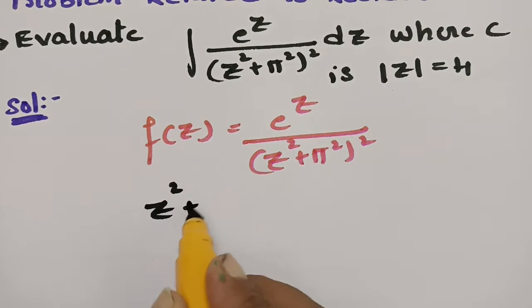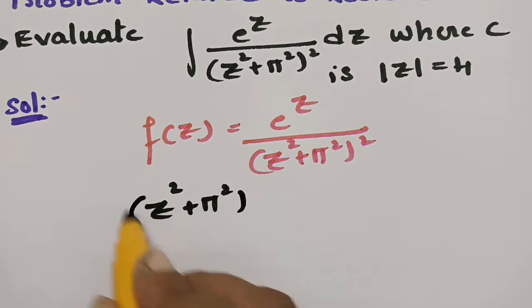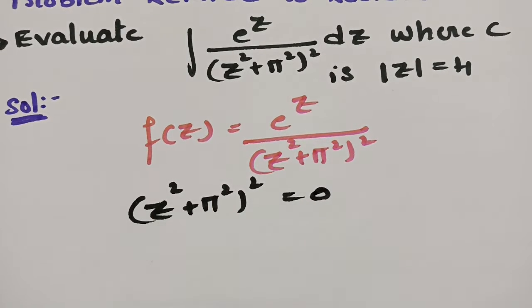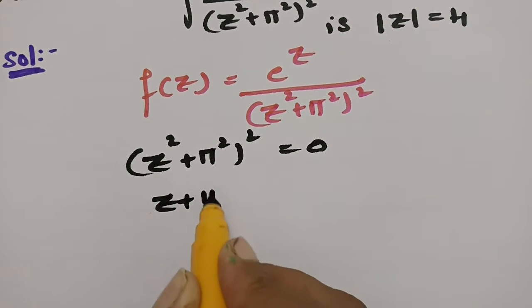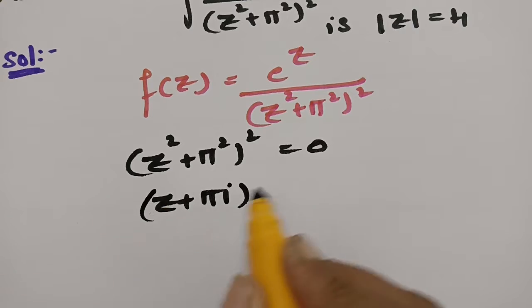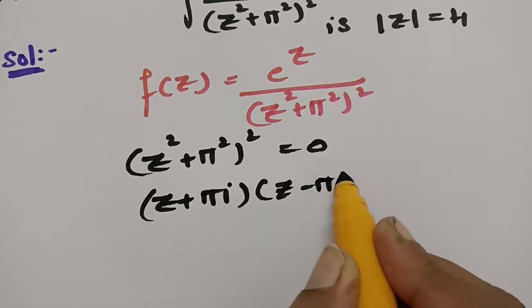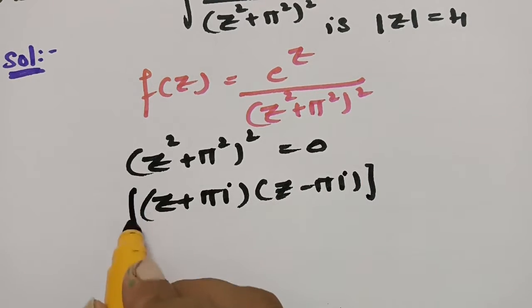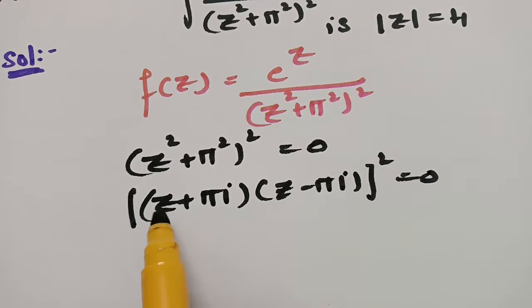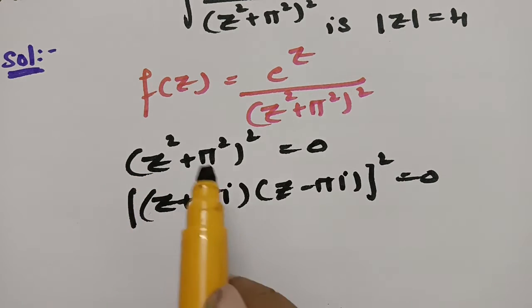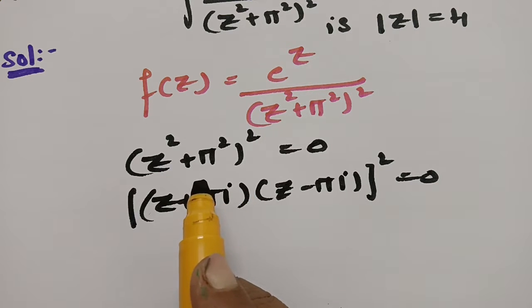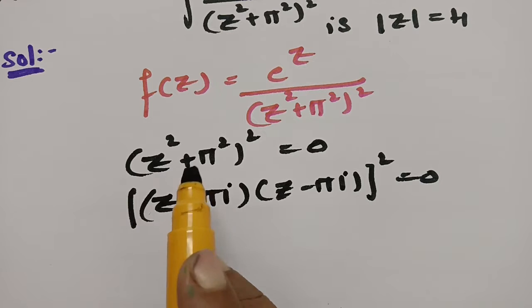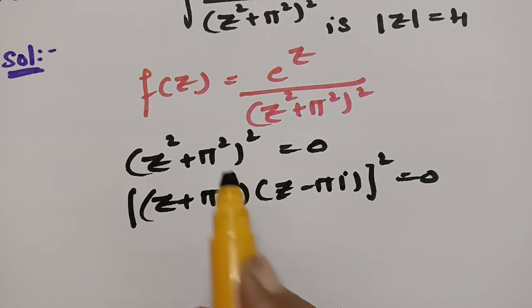That is, (z square plus pi square) whole square, we have to equate it to 0. This can be written as (z plus pi i) into (z minus pi i) whole square. Here, a plus b into a minus b is equal to a square minus b square, that is, pi i whole square. We know that i square is minus 1, and minus of minus is plus 1, so this will be plus pi square.